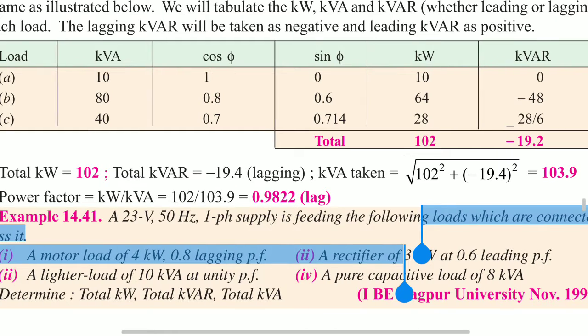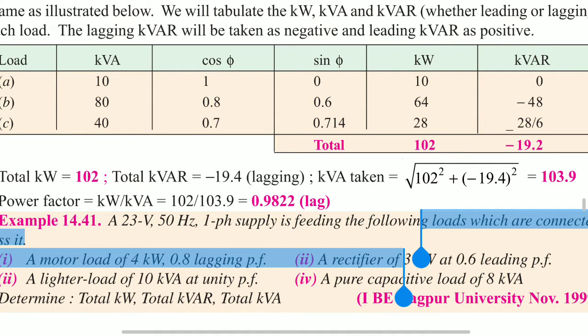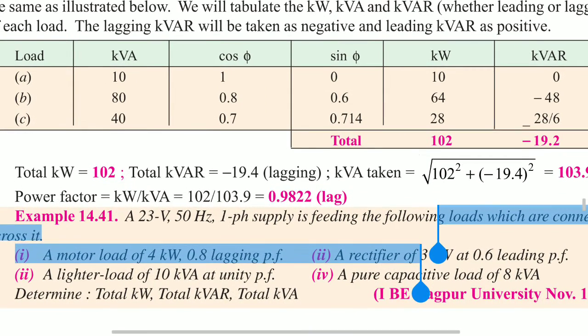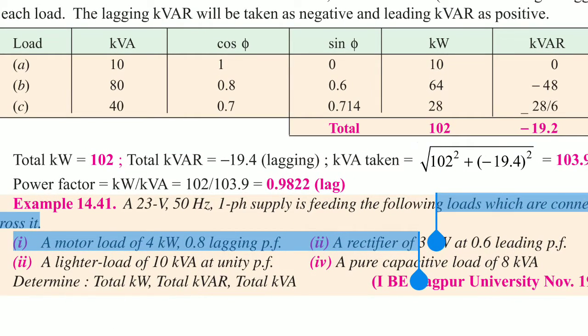They have written it wrong as 19.2 here, that is not correct; it should be minus 19.4. So that is the value. Total kilowatts is 102.